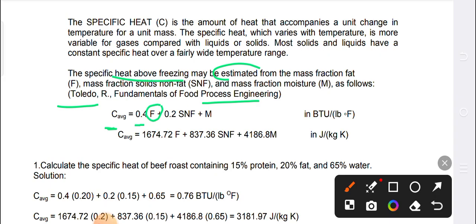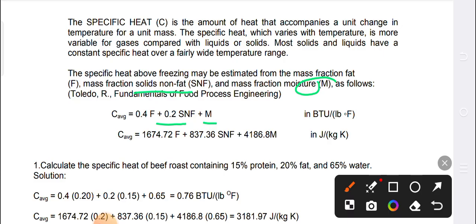Ano ba yung F? This refers to the mass fraction of fat, plus 0.2 of that of the solid non-fat, and M, which is the mass fraction of moisture.